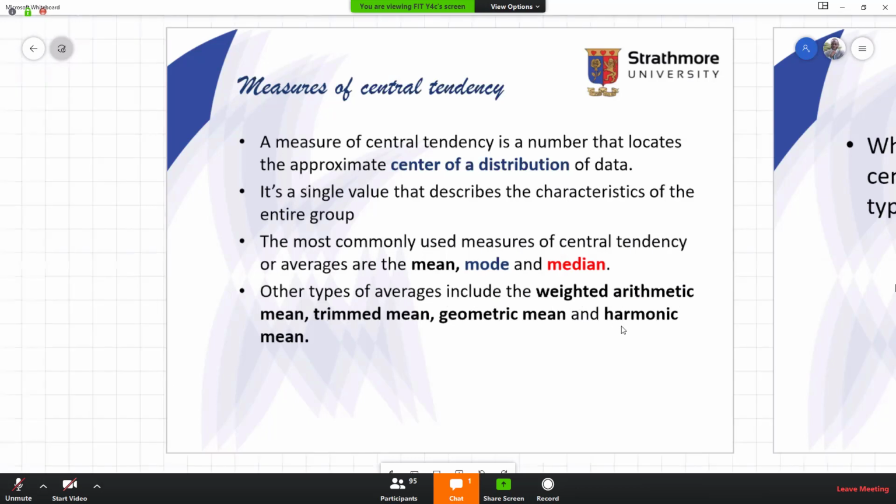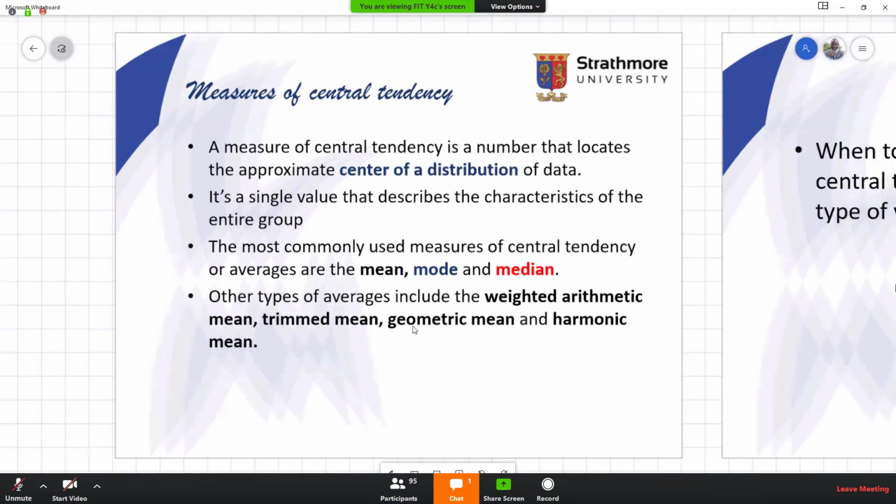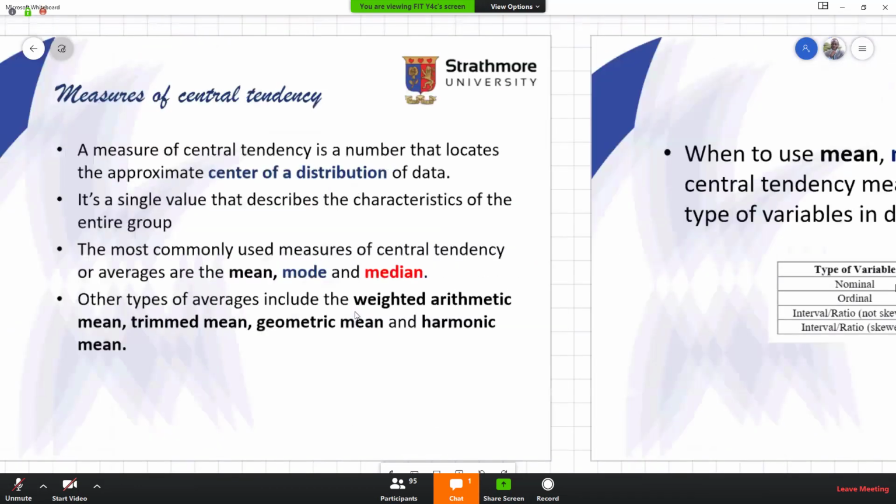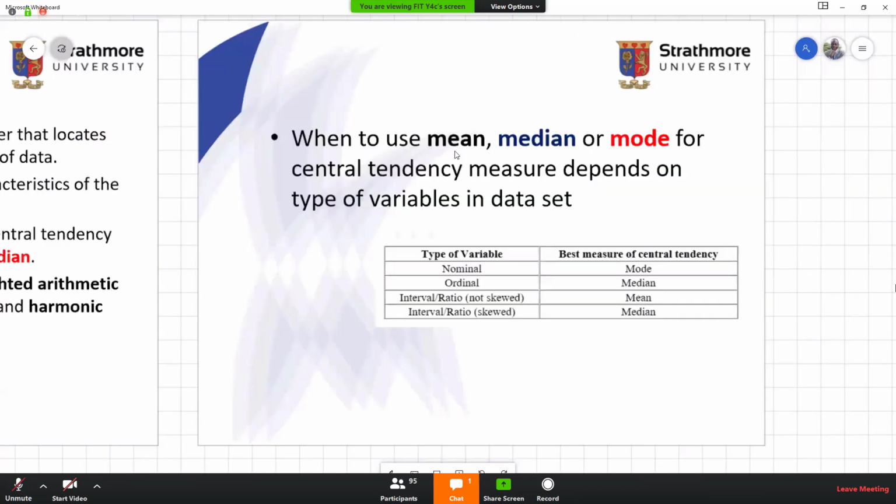Then here comes the importance of knowing the different scales. When do I use mean, median, or mode to describe the center of a data set or the center of a distribution? It depends on the type of data you have. Here is the statistical advice. If you have nominal data, you cannot compute a mean, so we normally use mode.